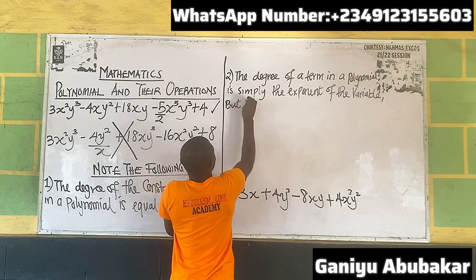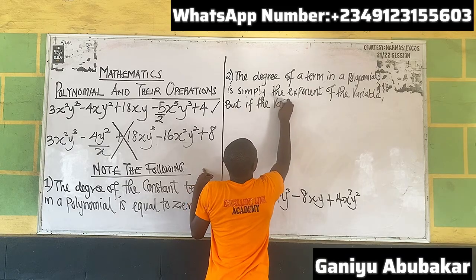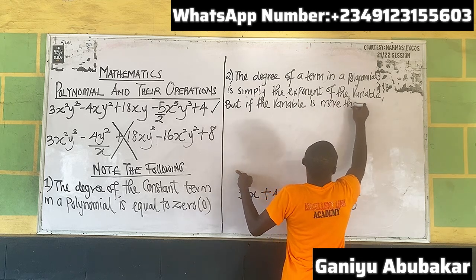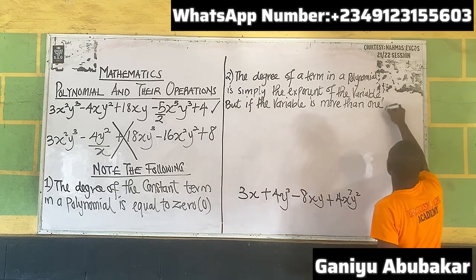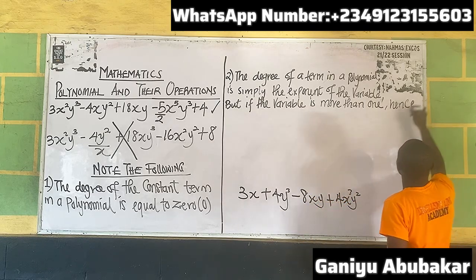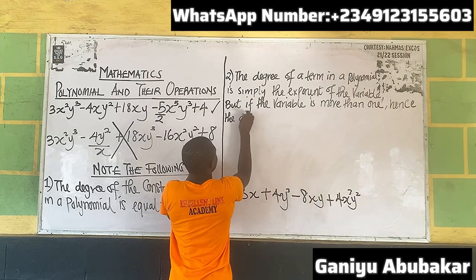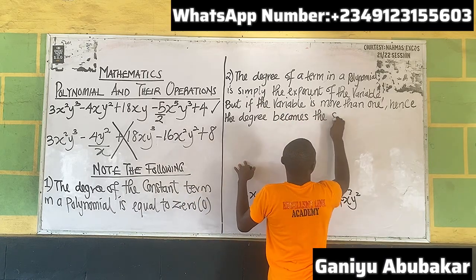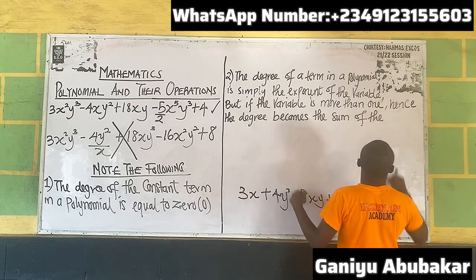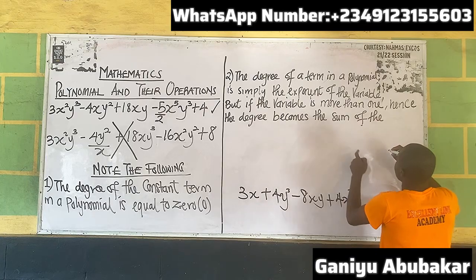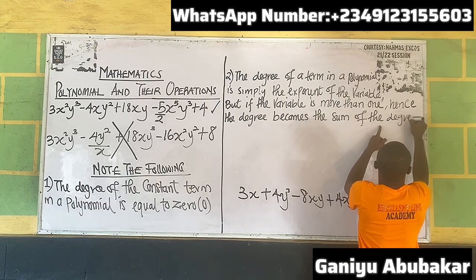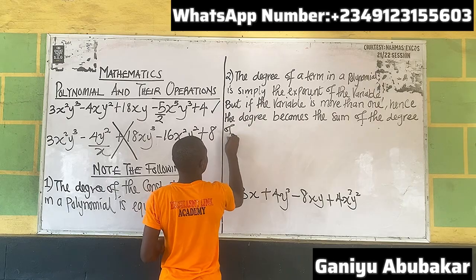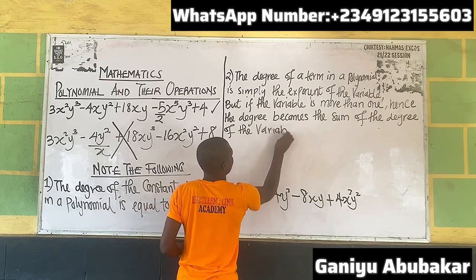But if the variable is more than one, hence the degree becomes the sum of the degrees of the exponents of the variables. All right.